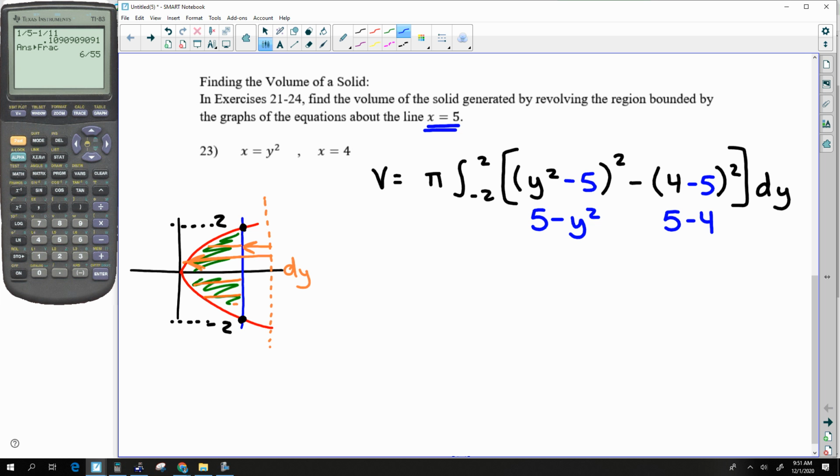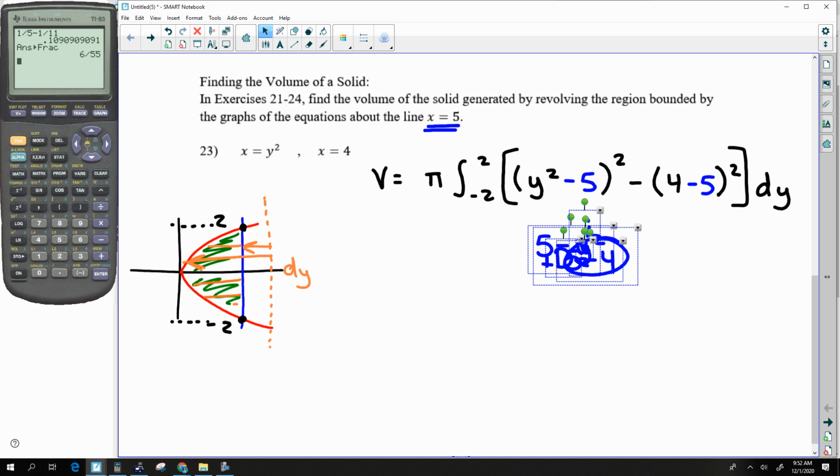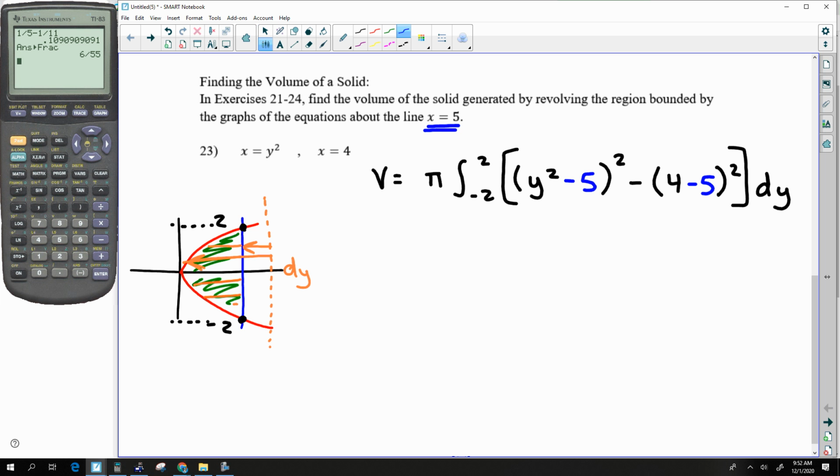They take 5 minus the other way, because most of the time that provides a positive number. But long story short, this provides a difference, and ultimately this is being squared anyways. So whether the difference is positive or negative, if you square it, you'll always get a difference squared, which is always going to be a positive number no matter what. So this is just to simplistically do it. I subtract off the new axes of rotation at the end. You have to be a little bit more careful when it comes to the shell method, but that's what it is.